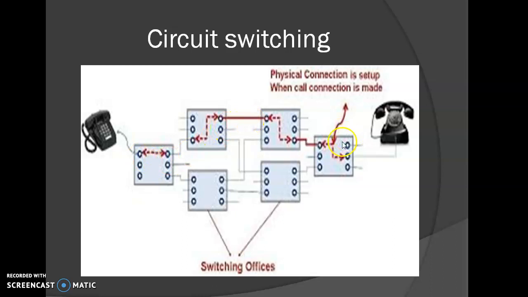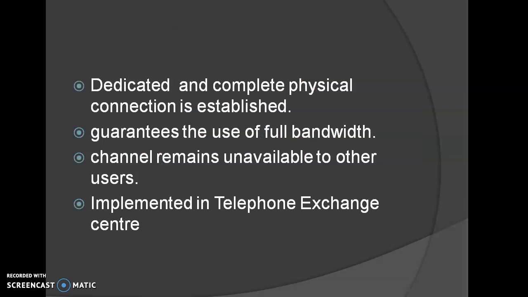Once this has been set up, it is totally dedicated to your call with this other person. So this is circuit switching. As discussed, it's dedicated, and a complete physical connection has to be established before you make a call. Once you have the connection, only then will you be able to make the call.